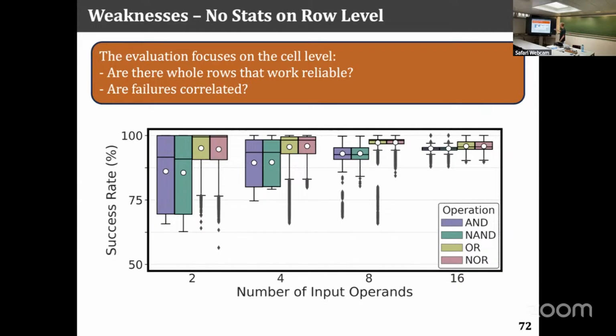So it could be that, for example, each cell has a success rate of 99.9%. But if all of the failures are uncorrelated in the row, so the 65,000 cells fail independently of each other, the whole row would never finish. But if we had some statistics on how likely it is for the whole row to finish successfully, maybe we could identify some rows that already work 100% reliably. We have some cells here that can already do, for example, the AND operation 100% of the time. So it's perfectly reliable, but we can't tell if there's a whole row that can do this.